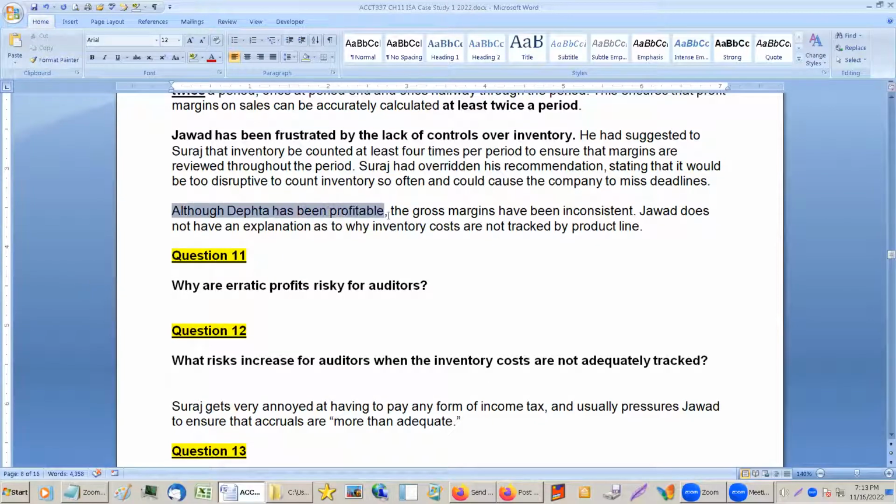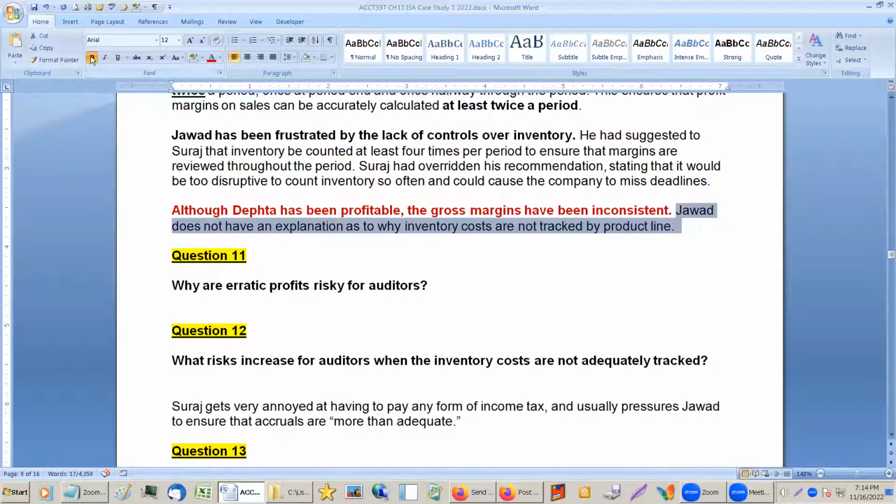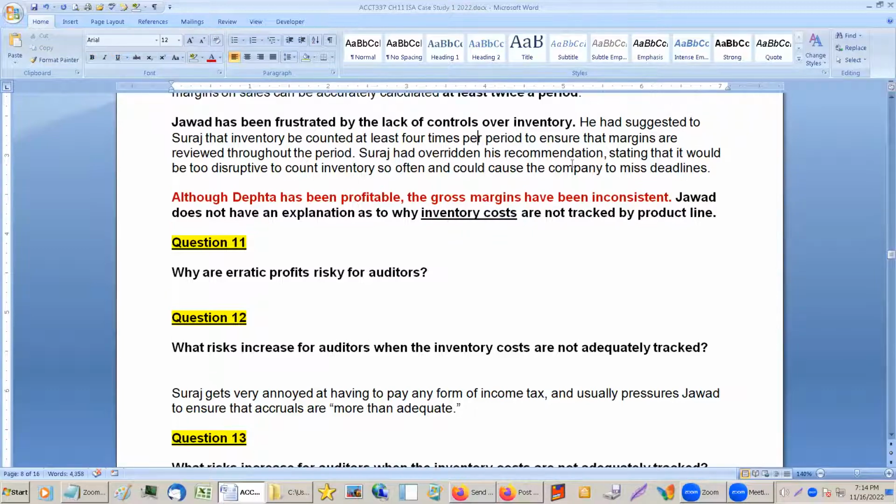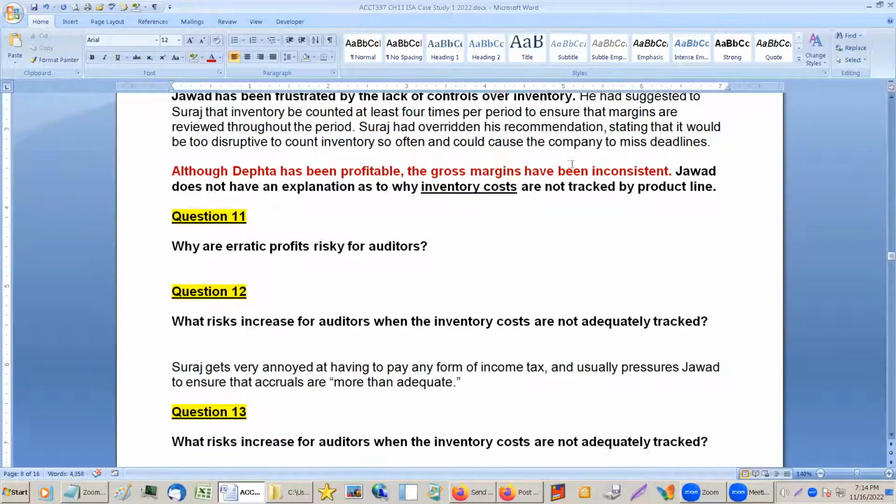Now coming down here, although it hasn't been profitable, the margins have been inconsistent, and because of lack of information, it's hard to tell why. They're also not being tracked by product line. So inventory costs not being tracked by product line is a problem because you don't know if a product line is profitable or not.